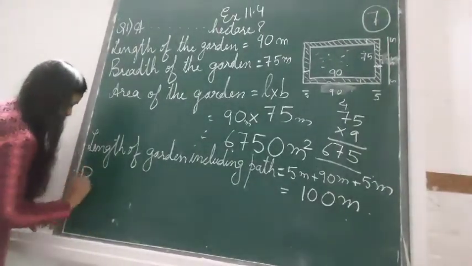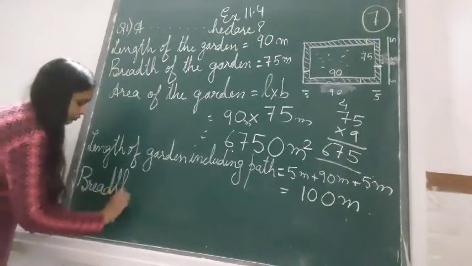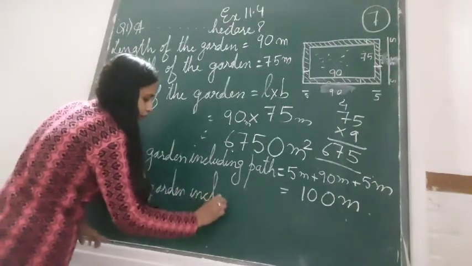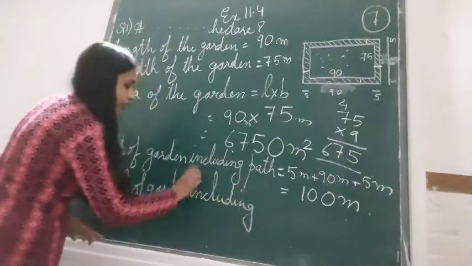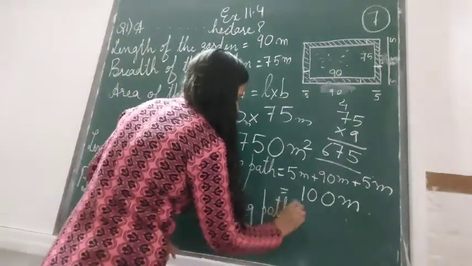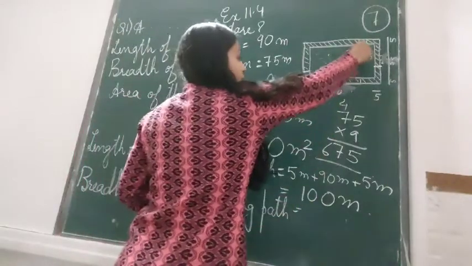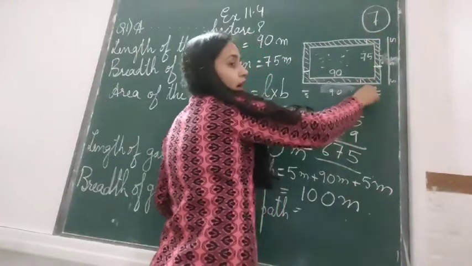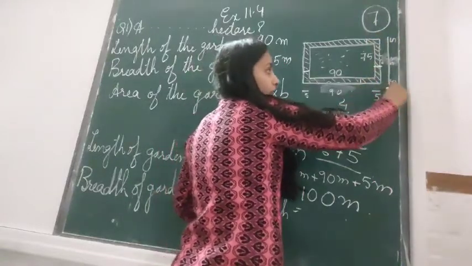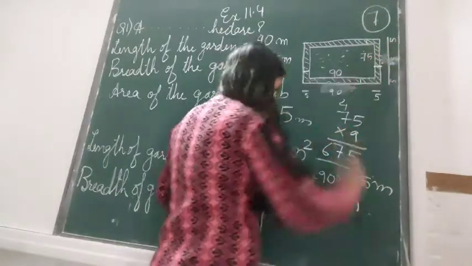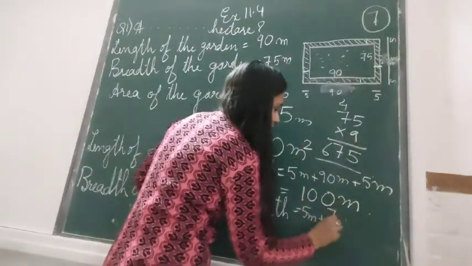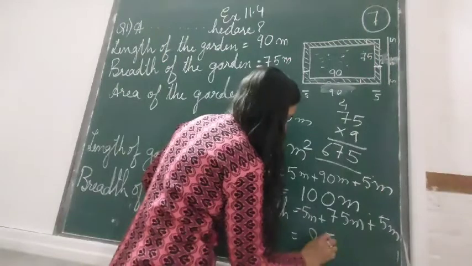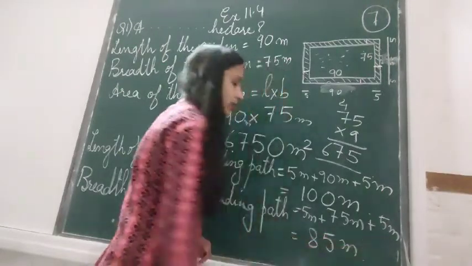Now breadth of the garden including the path, which is equal to, now this is the breadth of the garden when we include the path, then it becomes 5, 75 and 5, that is 5 meters plus 75 meters plus 5 meters, which is equal to 85 meters.